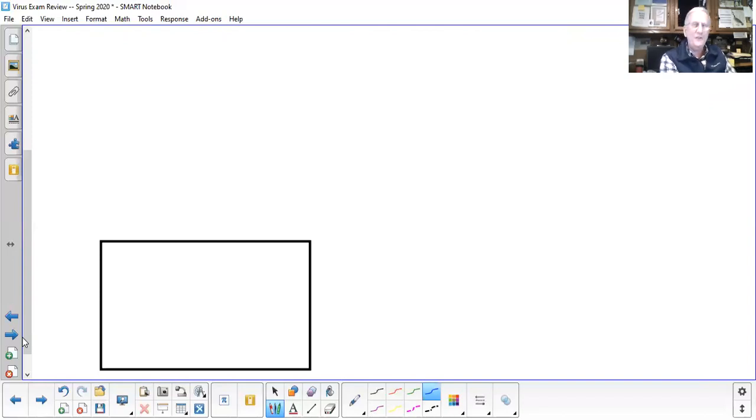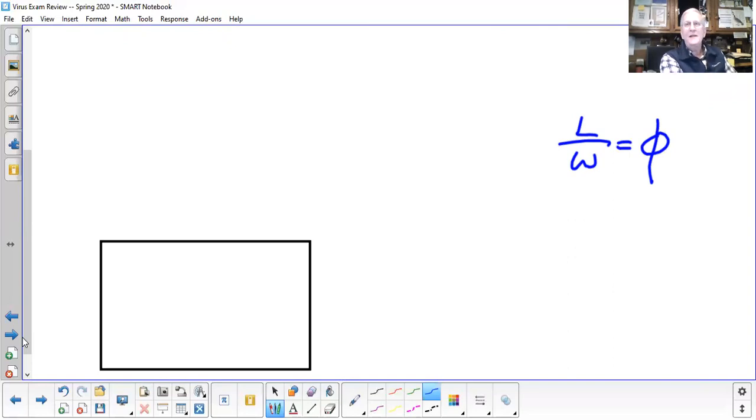And now we're going to think a little bit about this, and we're going to cheat just a little. Now, in a golden rectangle, its length divided by its width has to be equal to phi, right?